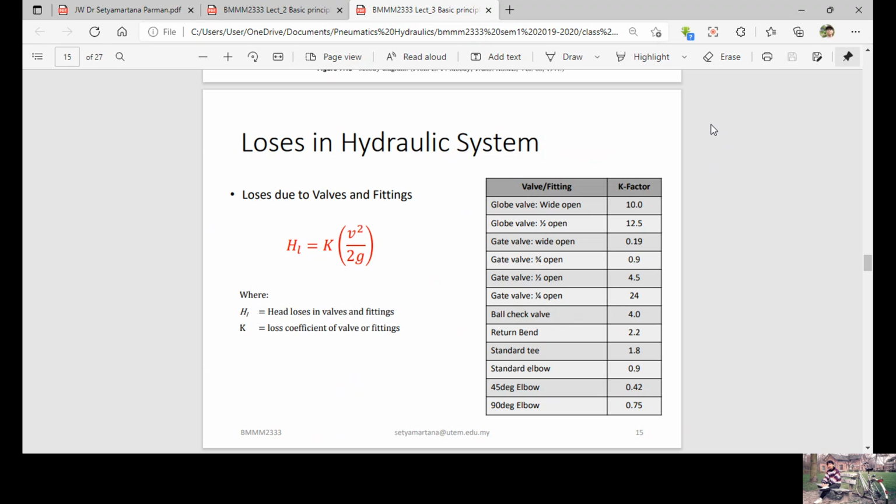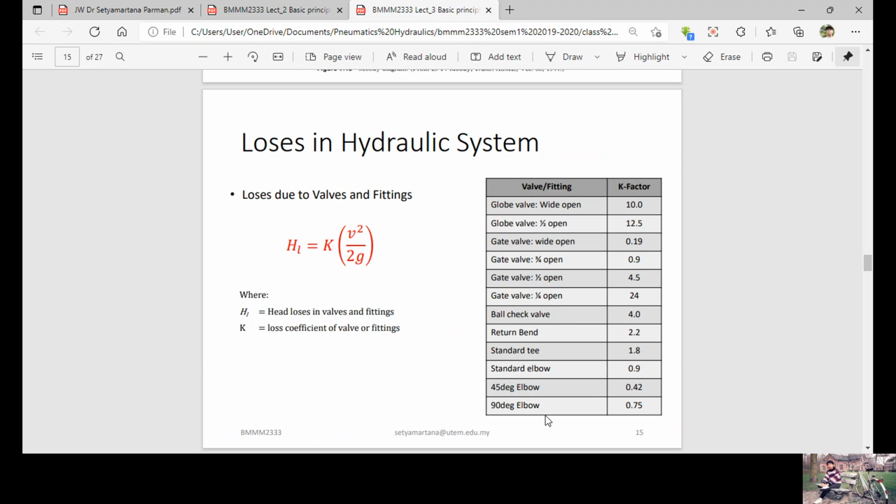And then there are also losses due to valves and fittings. They are defined as HL equal to K multiplied by V squared over 2G. Here HL is the head loss in valves and fittings, and K is the loss coefficient of the valve or fitting. So K depends on the type of valve or fitting.